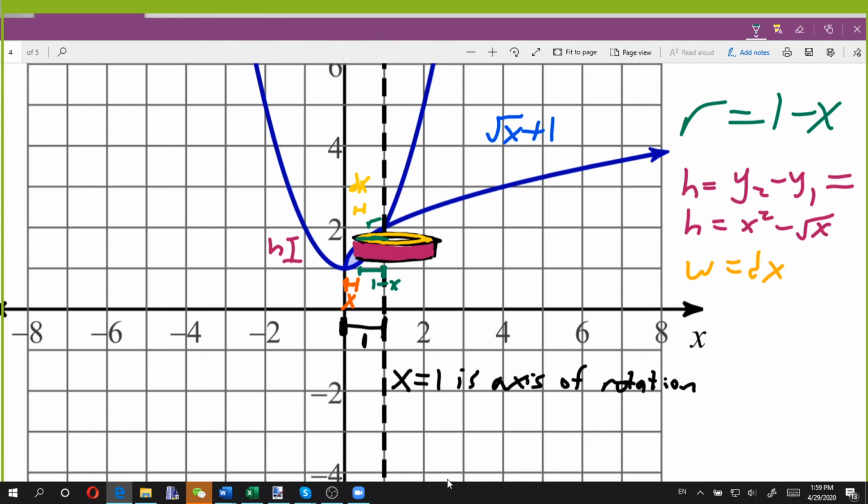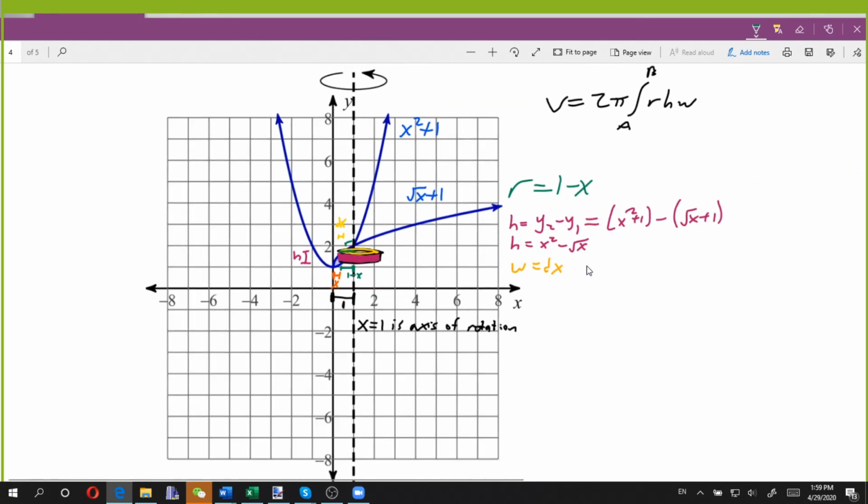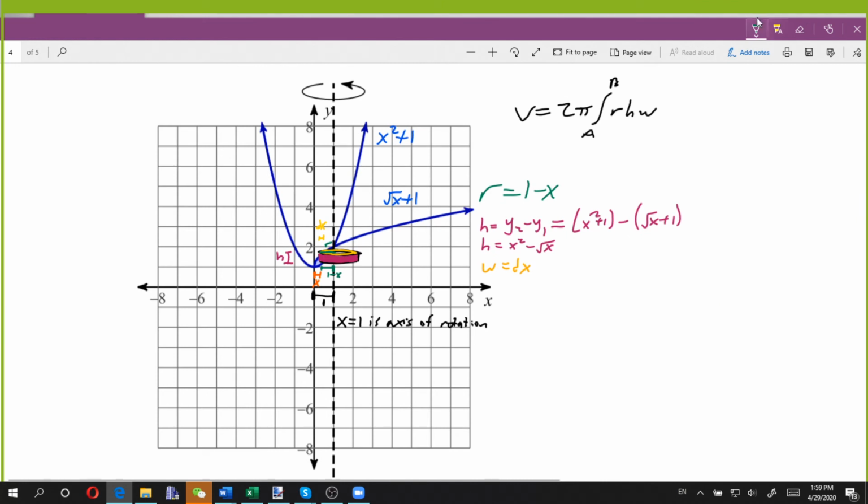Okay, so that gives us everything we need, and from that point we can just plug into the volume formula, which would give us this. Our volume is equal to 2 pi times the integral from our start point at 0 to our end point at 1 of our radius, 1 minus x, times our height, x squared minus root x, times our width, which is dx.